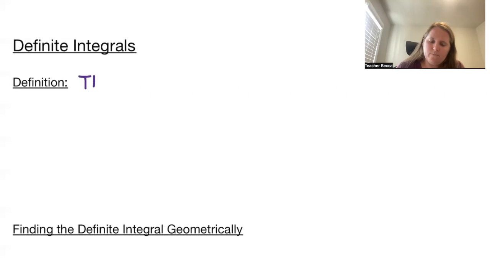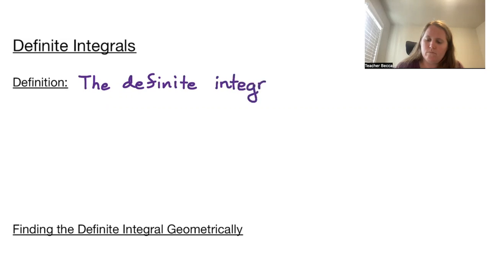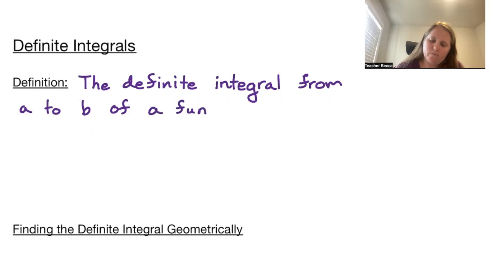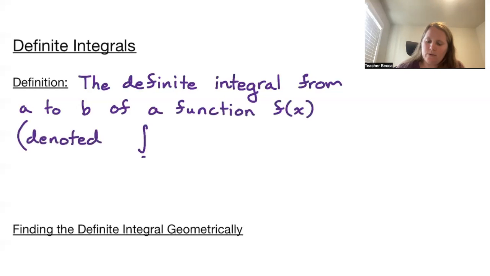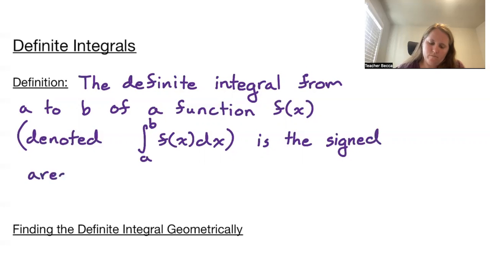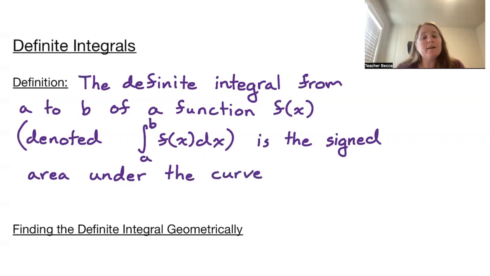The definite integral from a to b of a function f of x, denoted with the integral sign with a subscript a and a superscript b, f of x dx, is the signed area under the curve between the x-axis and the curve.